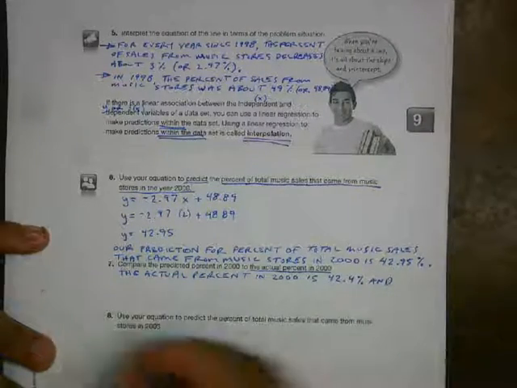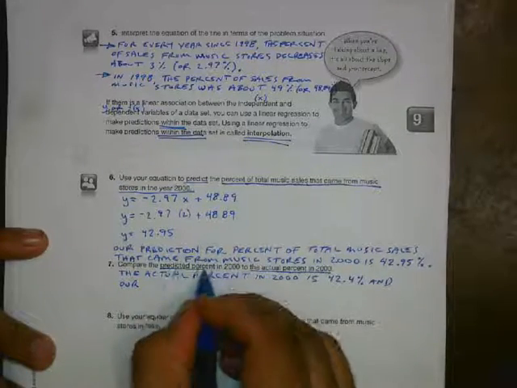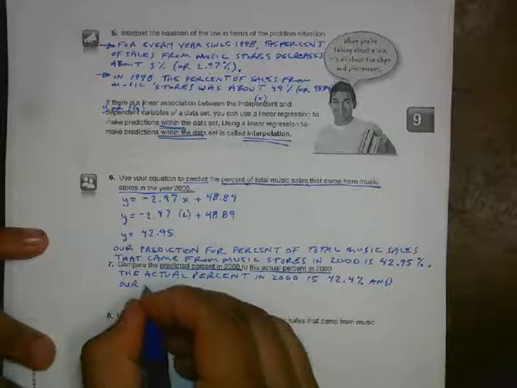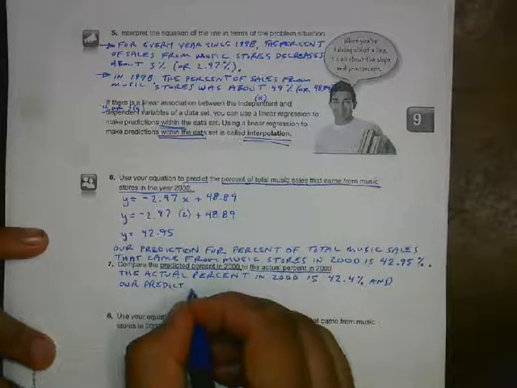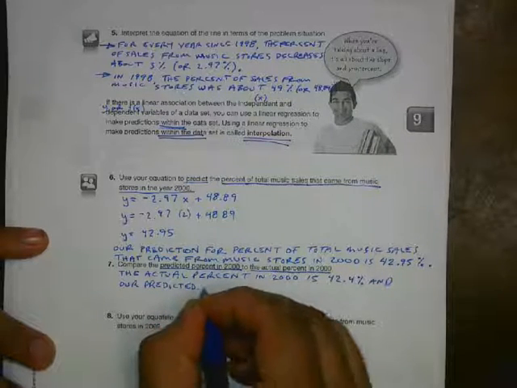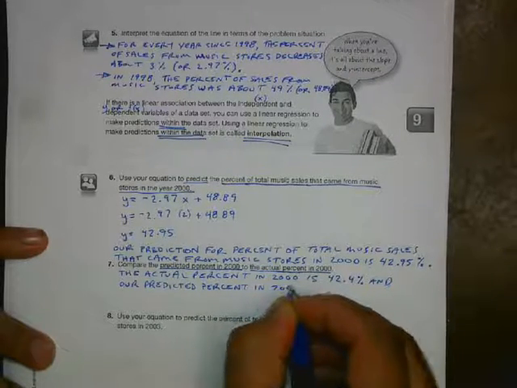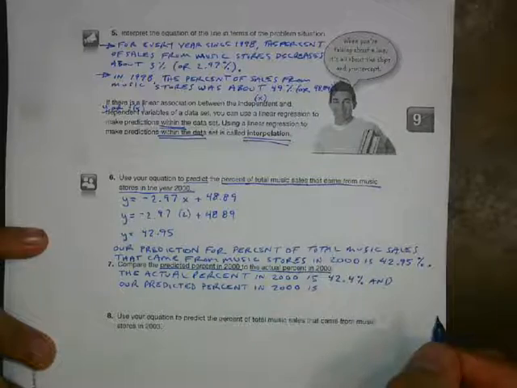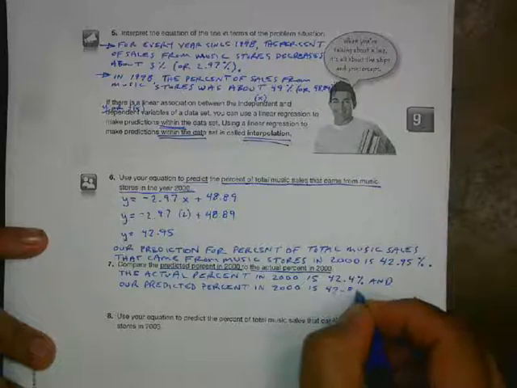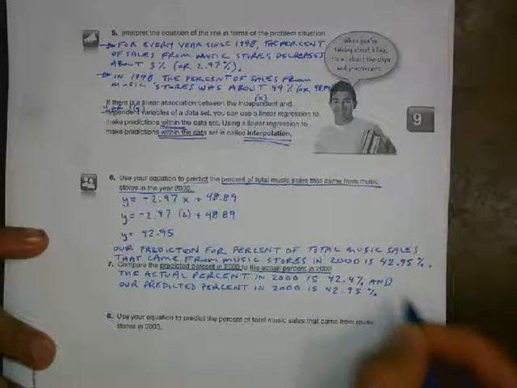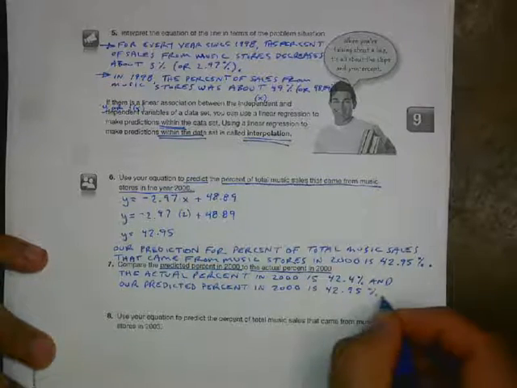And our predicted percent in 2000 is 42.95%.